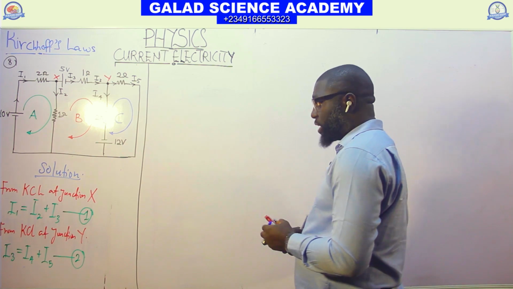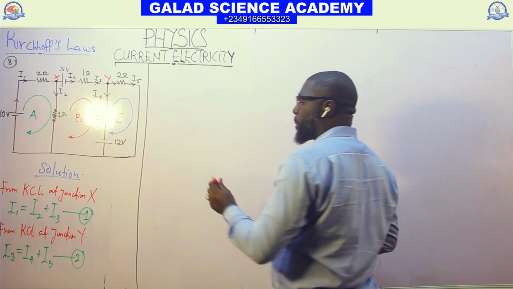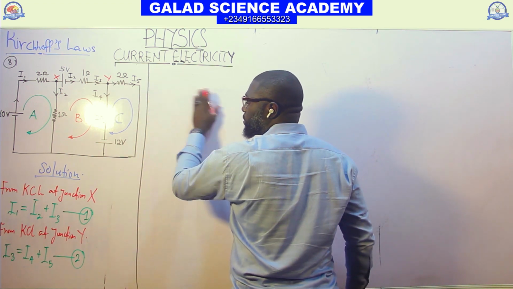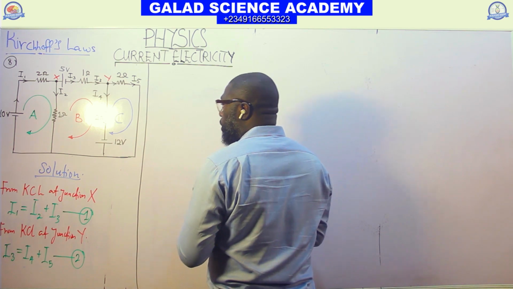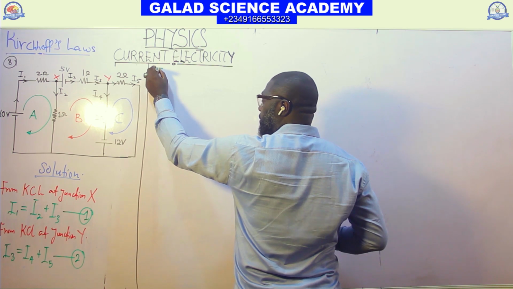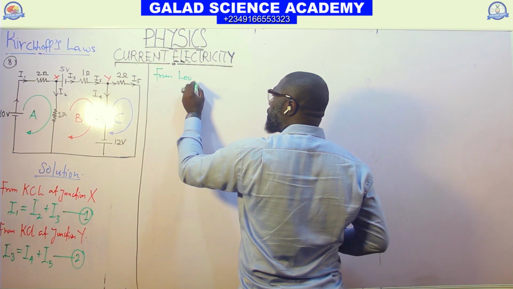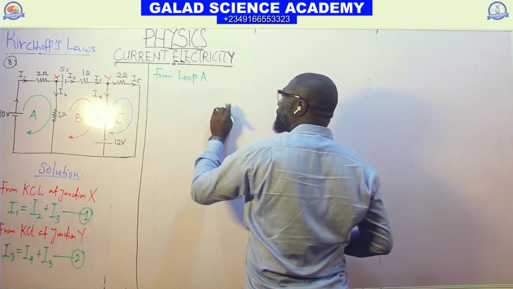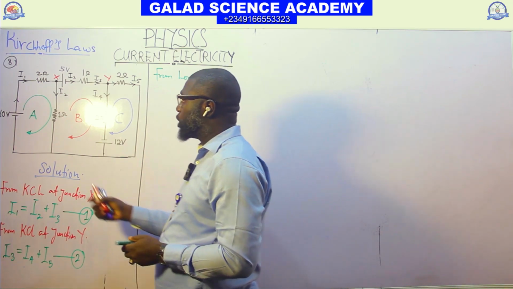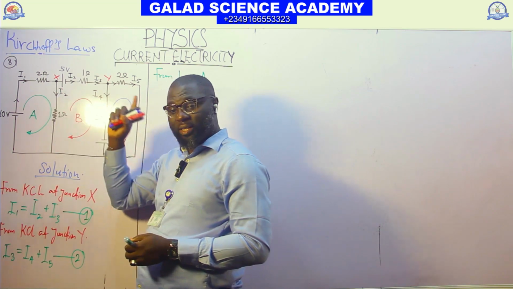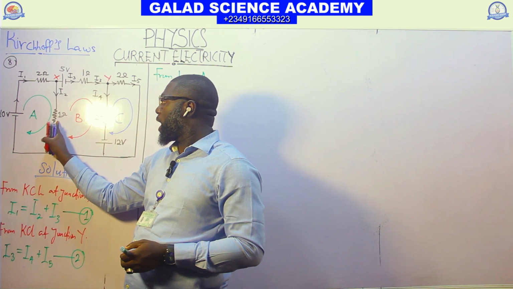So let's take it one after the other. From loop A in the circuit, if we want to take the loop from A, we have how many things here? 10, 2 ohms, and 1 ohm.